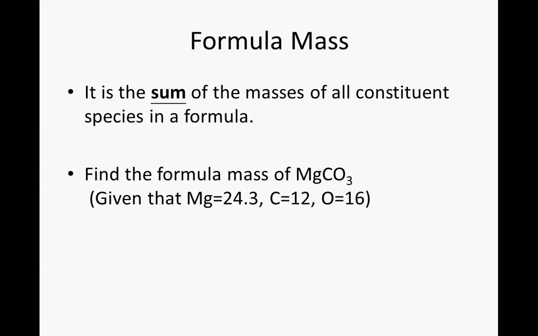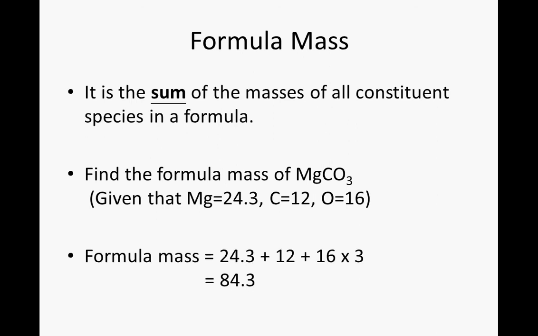So how can we find the formula mass? If we know every element's relative atomic mass, then we can calculate the formula mass by summing all the constituent species. Let's look at this example. 24.3 is magnesium, plus 12 for carbon, plus 3 oxygens, so 16 times 3.